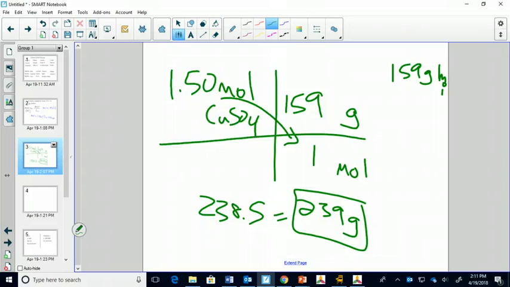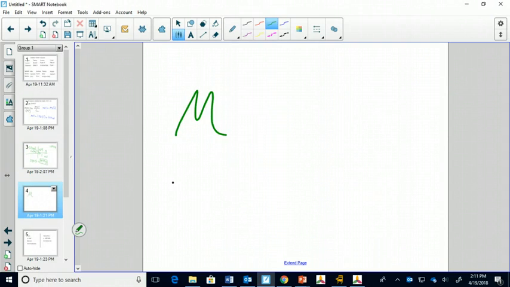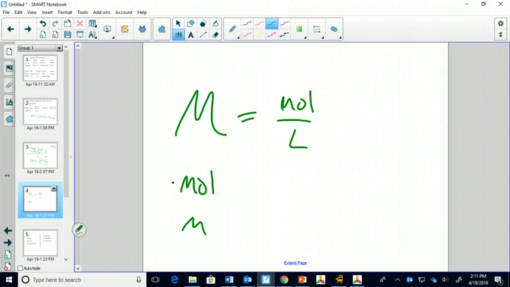The big M is molarity, so don't get confused. Big M equals moles per liter. It'll say mol to mean mole. If it's just an m, that's a meter. So make sure you know the differences between all these.